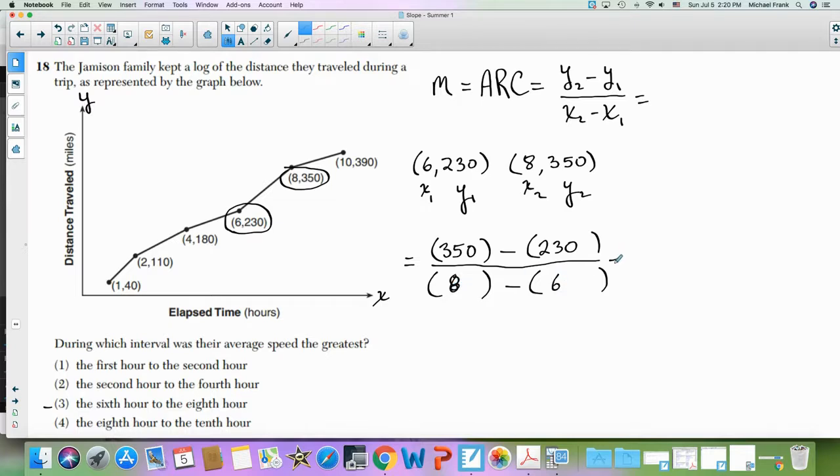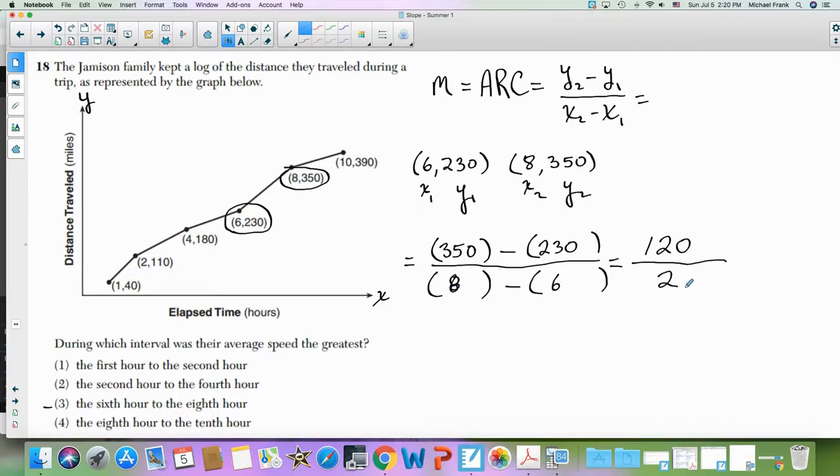Caught myself. Okay, and then you can put those in the calculator if you like, but it's pretty easy to subtract 350 minus 230, which is 120, and 8 minus 6, which is 2.